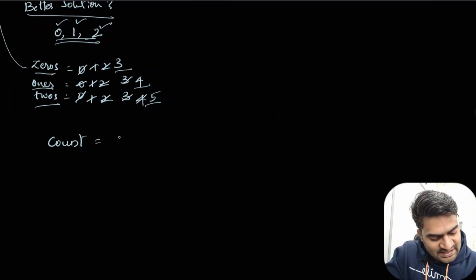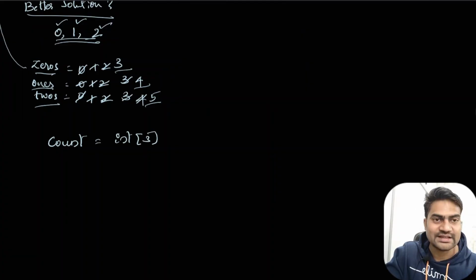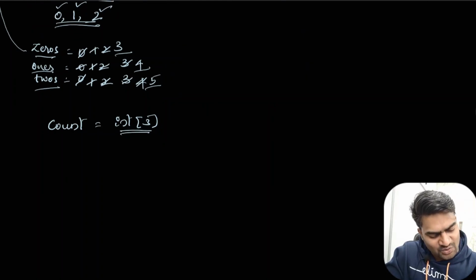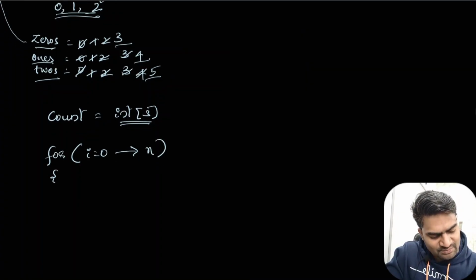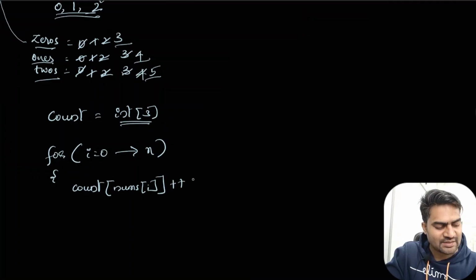So basically it is an int array of size 3. Then I will iterate in the array from i equal to 0 to n. Then I will simply say count of nums of i, and then increment it.